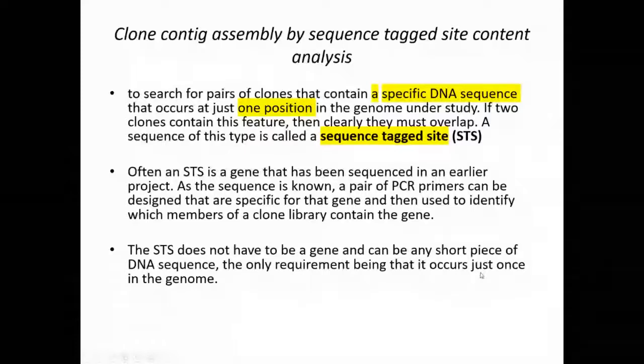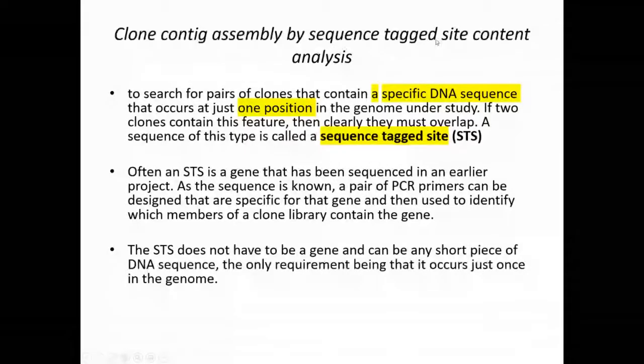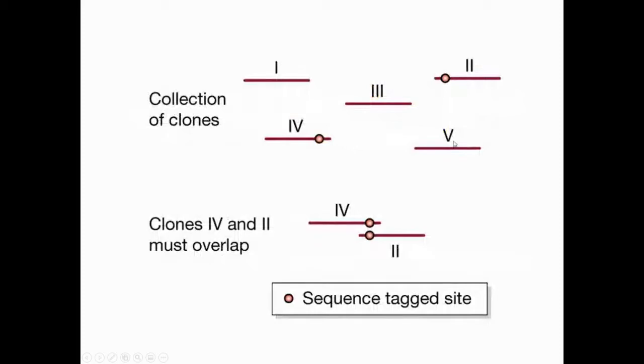And sequencing assembly by sequence tag site content analysis, that's STS, all right? So you just search for pairs of clones that contain a specific DNA sequence that occurs at just one location. And we call that sequence the sequence tag site, STS, all right?